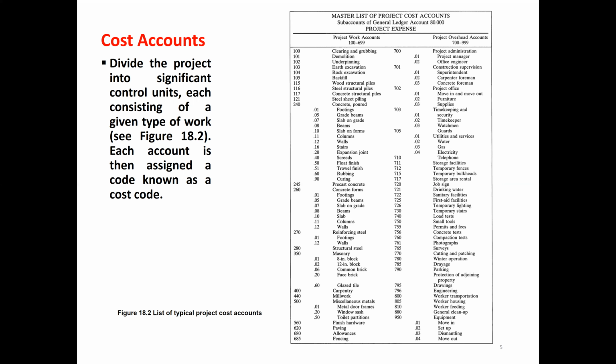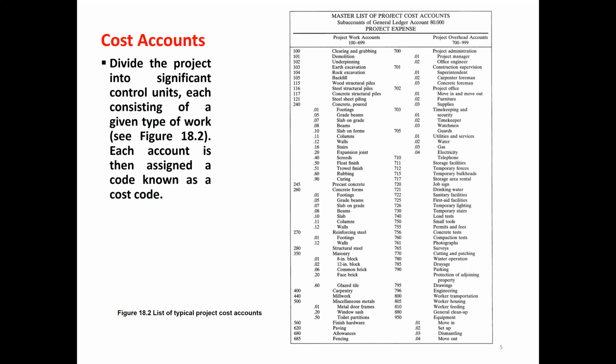Similarly, columns is 240.11, walls is 240.12, and similarly others like precast concrete is 245, reinforcing steel 270, structural steel is 280, masonry is 350, and paving 620. Similarly, project administration 700, and then project office 702. 705 is guards for the protection of the project.